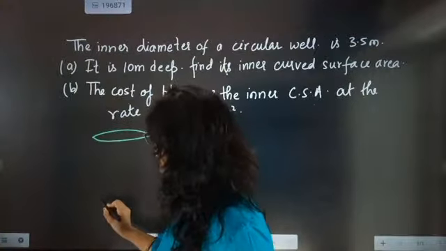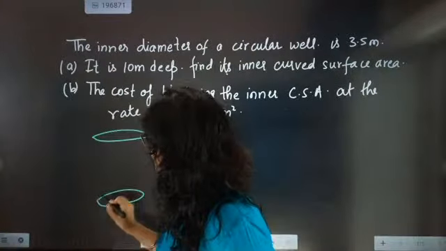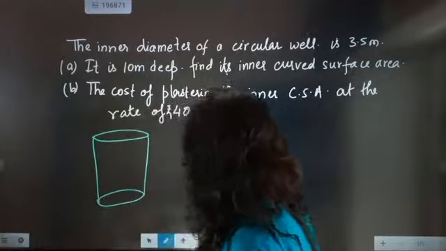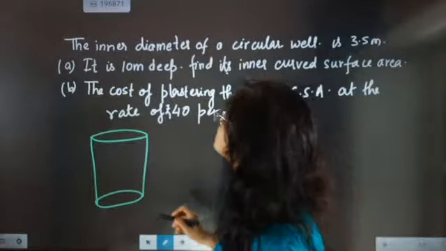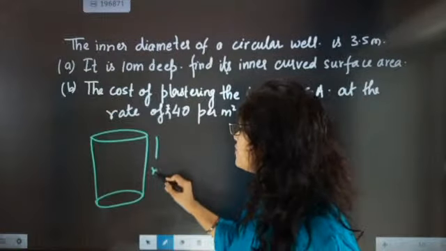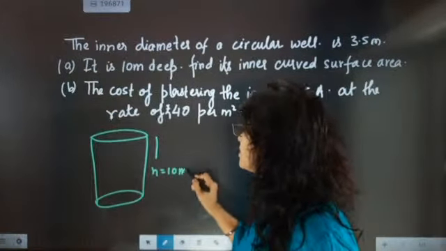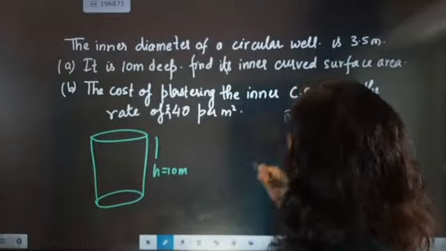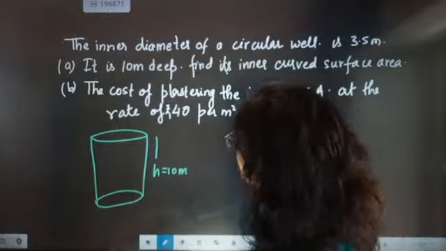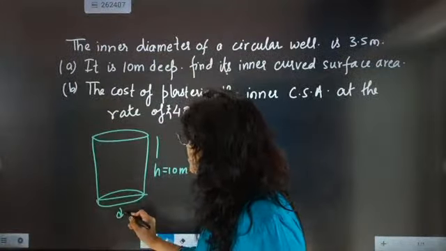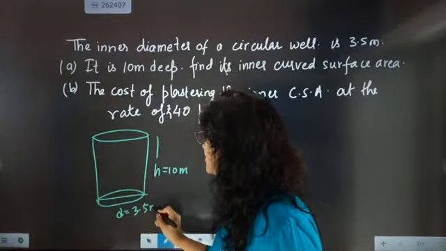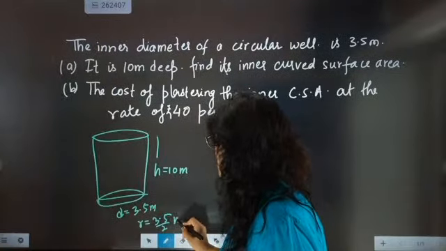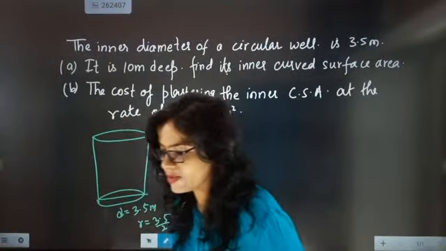The depth, that is the height of that well, is given as 10 meter. Now they have given that its diameter is 3.5. So once diameter is given as 3.5, radius will be 3.5 by 2 meter.